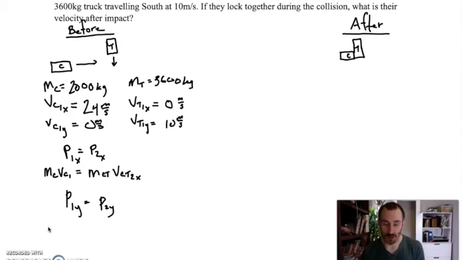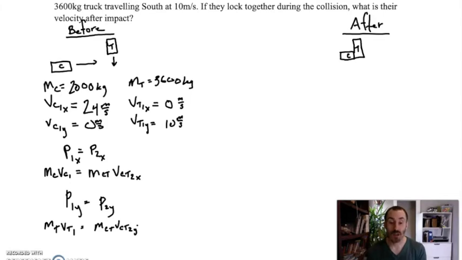So we can just go m_T v_T1 is equal to m_car-truck v_car-truck 2y.